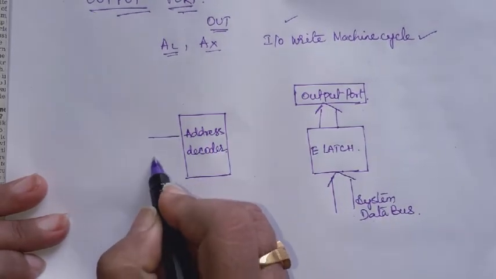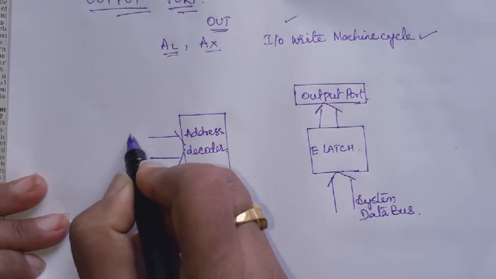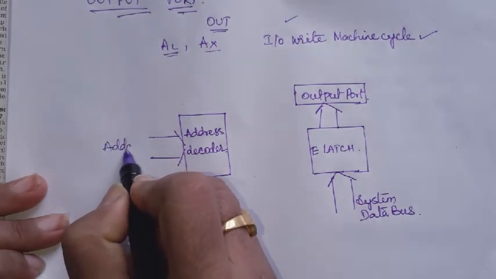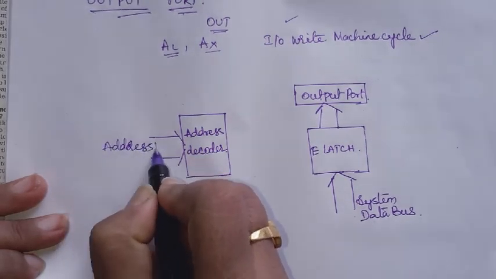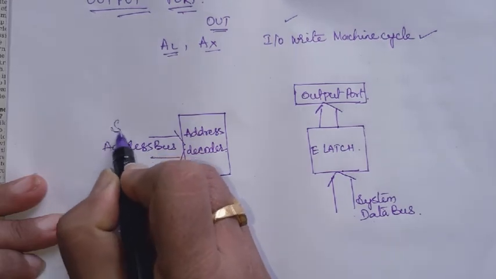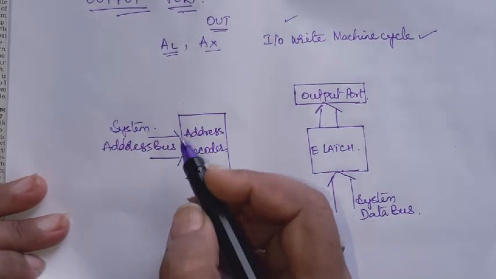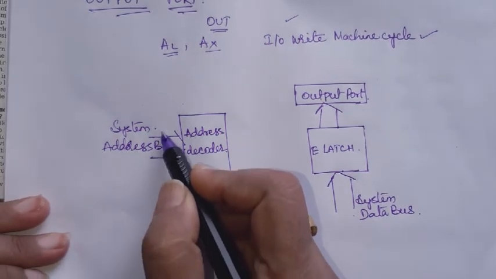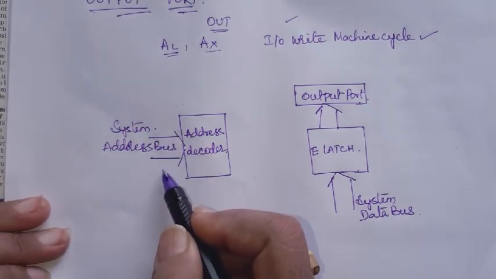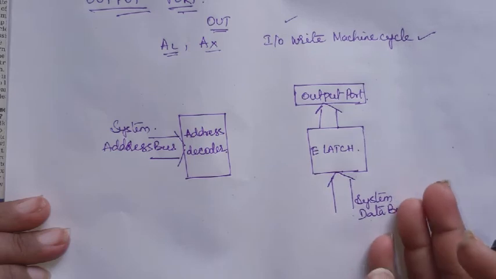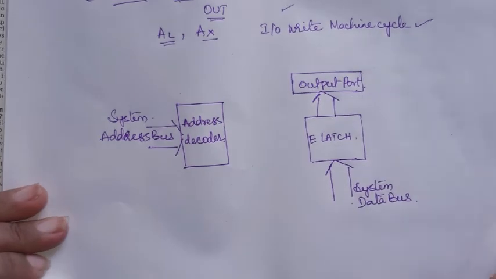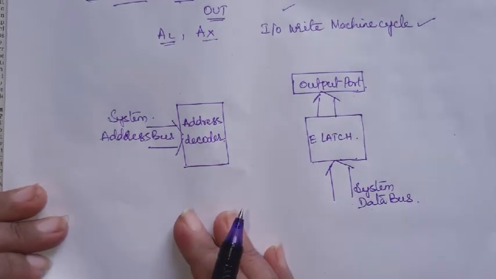So to this address decoder, input is the system address bus. Here again it is A0 to A7 or A0 to A15, depends on the address which you have selected, 8-bit address or 16-bit address.